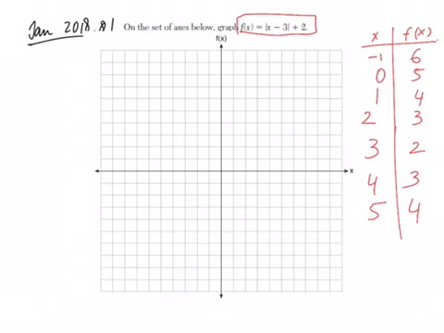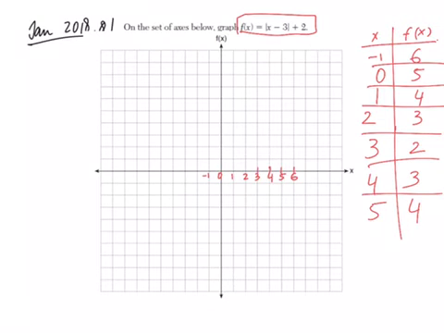So let's plot these. So -1, 0, 1, 2, 3, 4, 5, 6. So at -1 it's 6. At 0 it's 5. At 1 it's 4. At 2 it's 3.